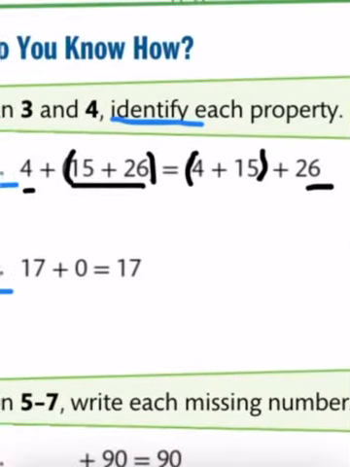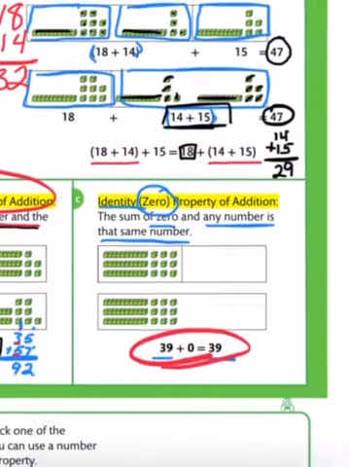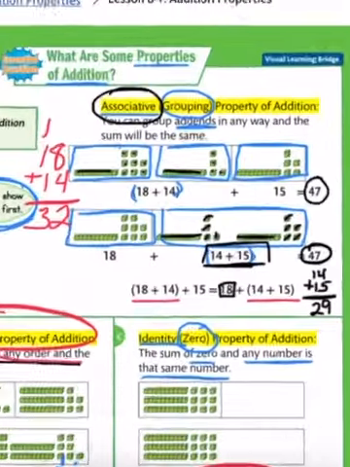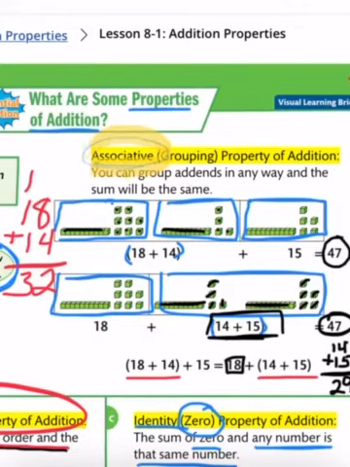And if you look back on our previous page, when we are talking about grouping, that is, I'm making a mess here, so let me erase maybe just a little bit. When we talk about grouping, that is the associative property. I'll get my right pen that I want. There we go. Grouping is the associative property.